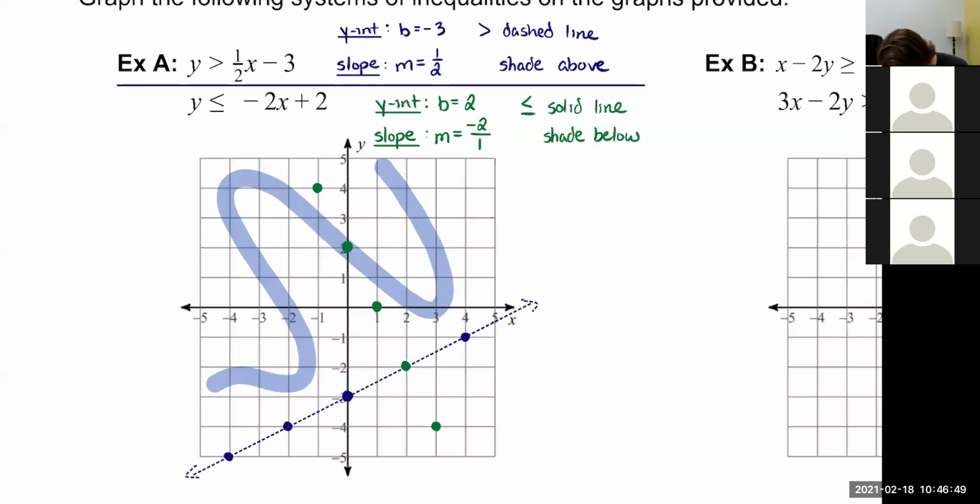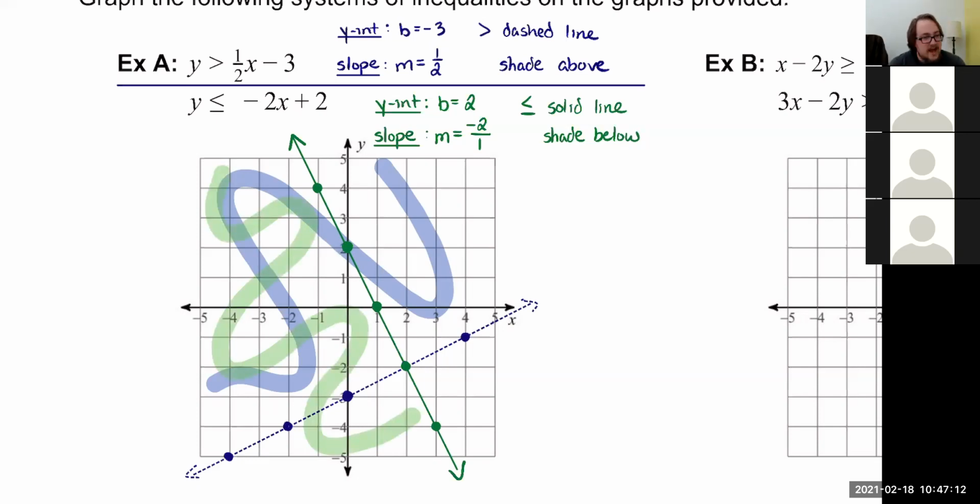According to the inequality sign, we're going to use a solid line. And then also according to the inequality sign, we're going to shade below this second line. So that occupies this space right here.